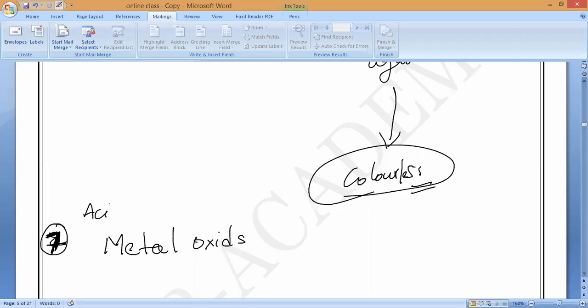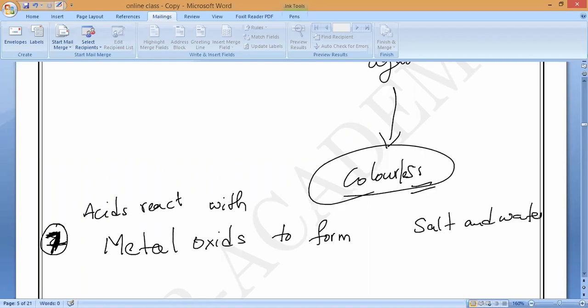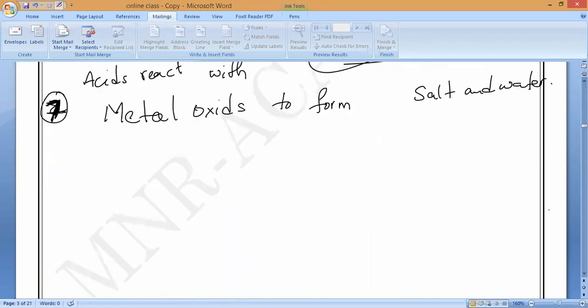Please write: acids react with metal oxides to form salt and water.